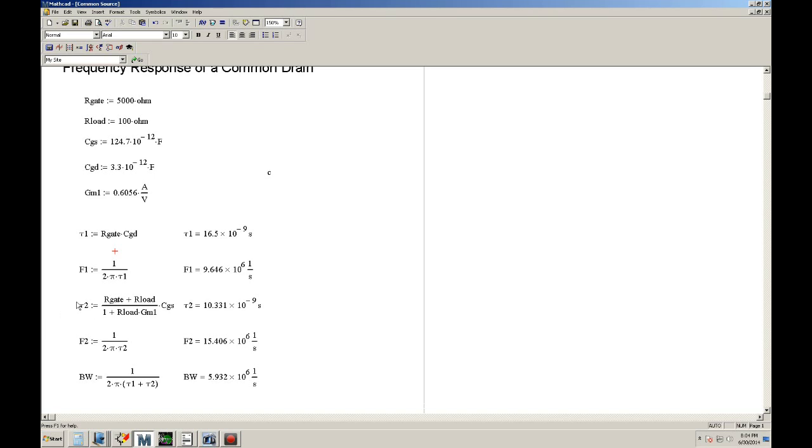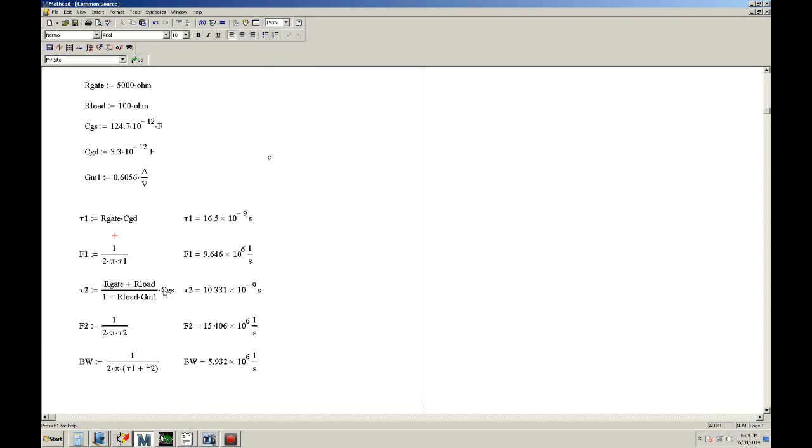Okay. Now we do the same thing for tau 2. Here's the resistance that the capacitance from gate to source sees, and tau is 10.3 nanoseconds. Okay, you plug it in, it's about 15.